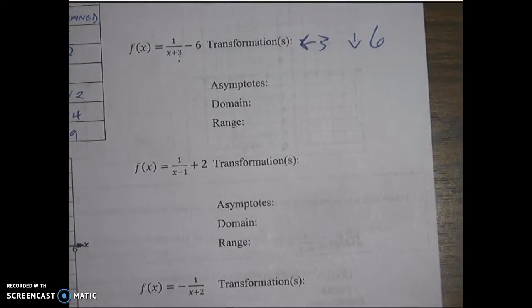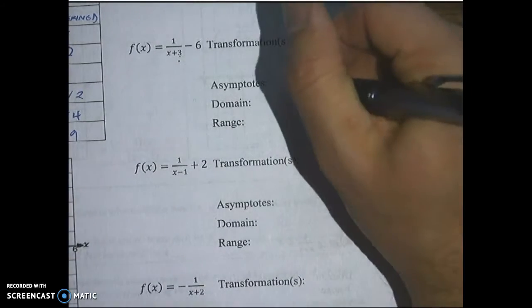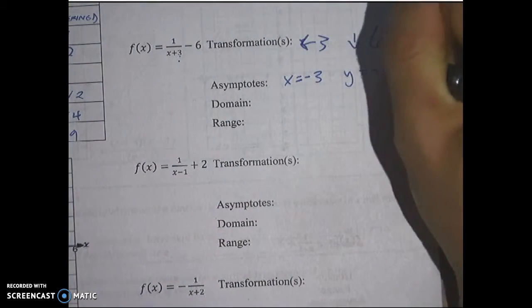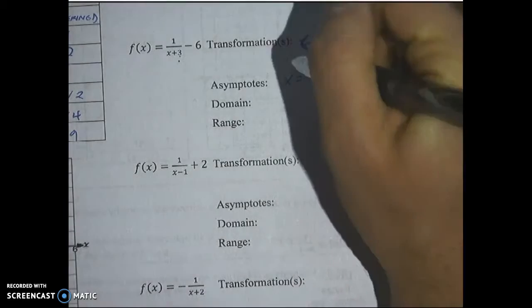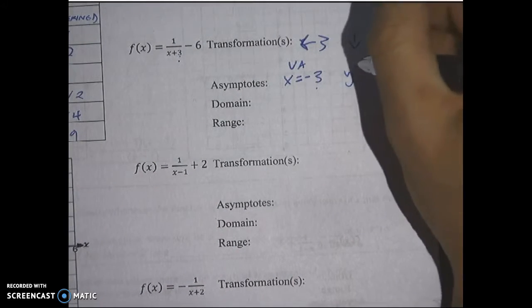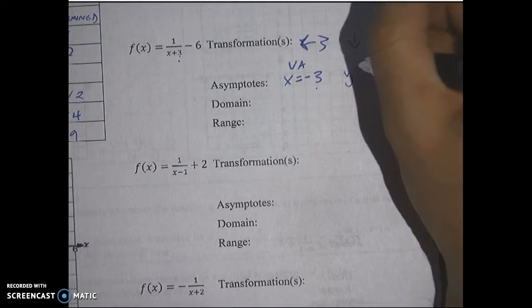So let me just fill in that information really quick. Asymptotes, x equals negative 3, y equals negative 6. And of course, the x equals negative 3, that's your vertical asymptote, and y equals negative 6, that's your horizontal asymptote.